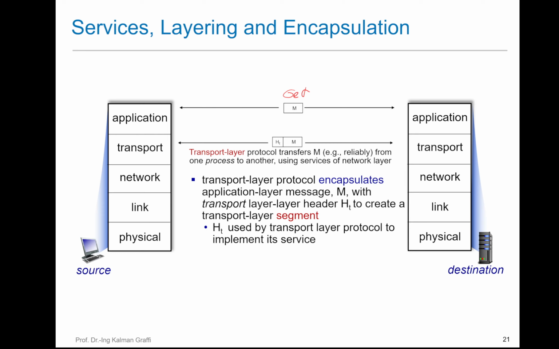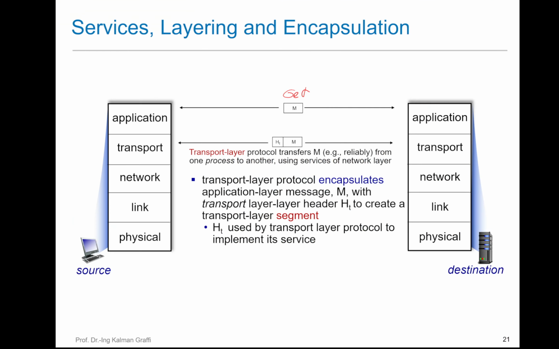It just tells the server: please give me the index file of the website. So at this level we know this is a browser and this is a web server, because that's who created the messages.